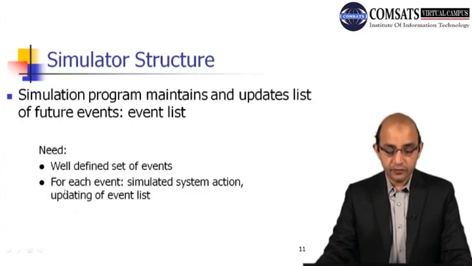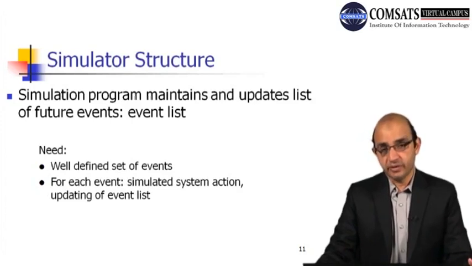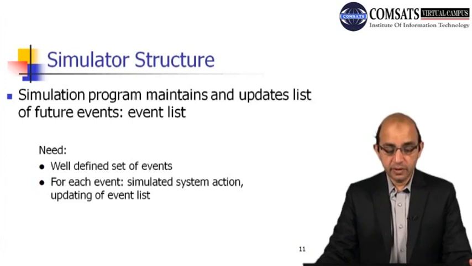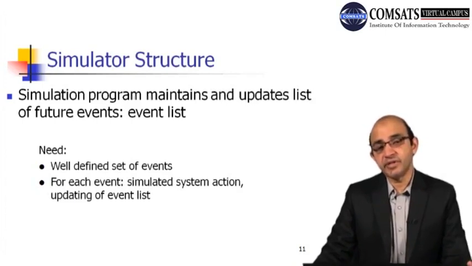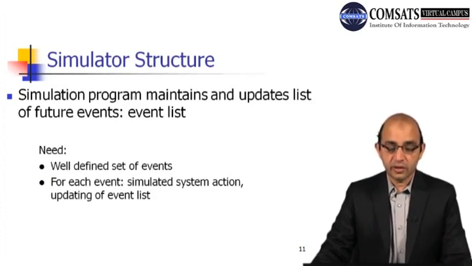Because if we want to generate traffic, there are certain conditions that we have to define beforehand in order to program the simulation. For each event, simulated system action, updating of the event list.